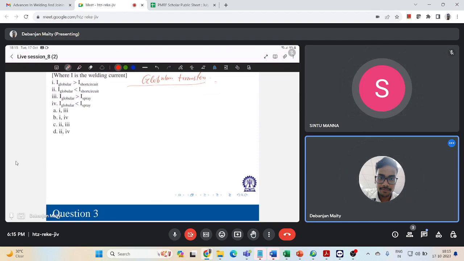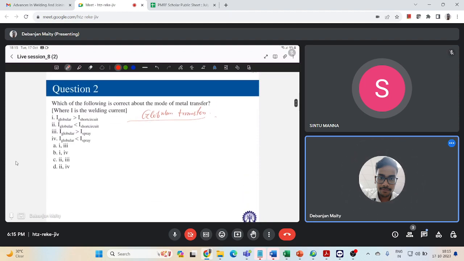So in globular transfer, my welding current is low.